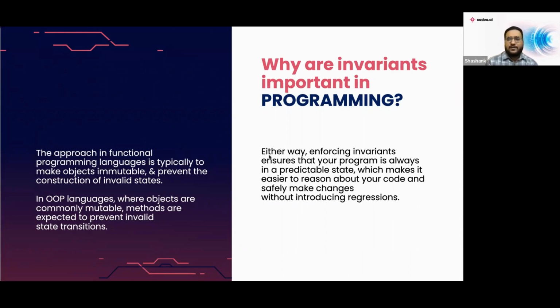Either way, enforcing invariants ensures that your program is always in a predictable state and makes it easier to reason about your code and safely make changes without introducing regression. And regression takes up a lot of bandwidth, a lot of your time, which you can utilize in much better ways when it comes to adding quality to your delivery.